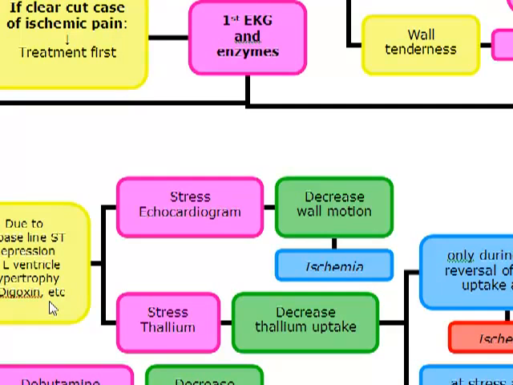They may have a pacemaker in place and you can't read the EKG. Wolff-Parkinson-White pre-excitation syndromes, a prior history of revascularization. In all these cases, you're not able to read the EKG. So what you're going to do is either a stress echo or a stress thallium test.